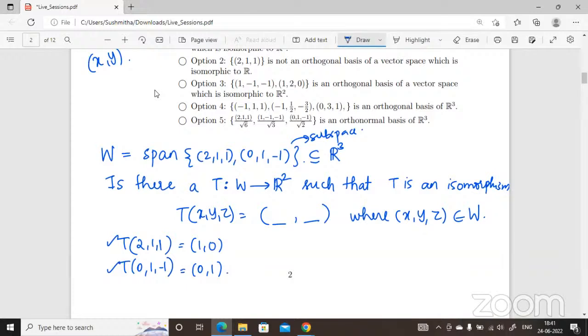Ma'am, without finding this, we cannot say that T of (2, 1, 1) equals (1, 0). No, but the question is, there is an isomorphism.